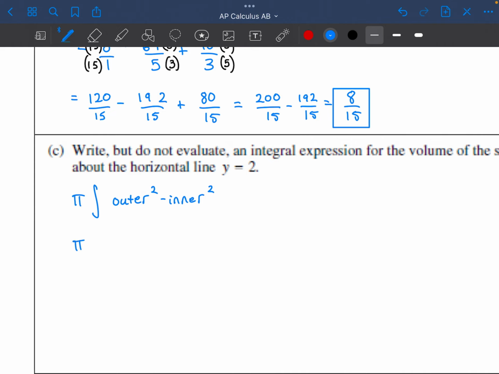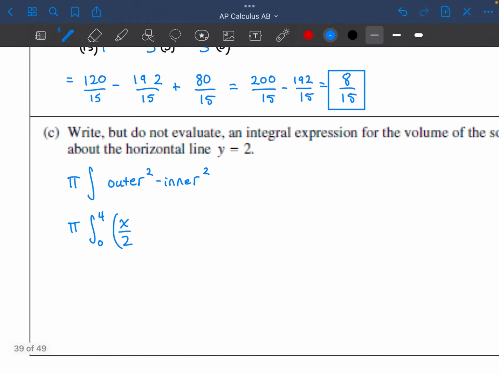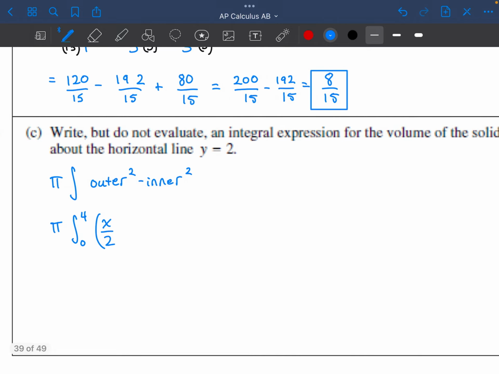And for us, that's going to be pi times the integral between still 0 and 4. Those bounds will not change unless we somehow need to do a vertical line or something. Outer is going to be now that x over 2. Okay, and I should really fix this sheet definition because that's the basic one, but the non-basic one looks like this.